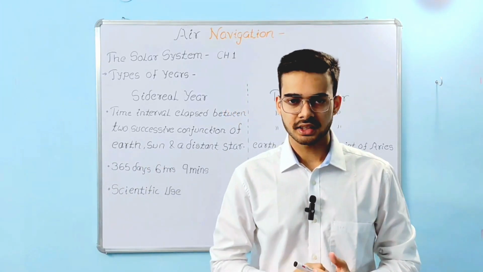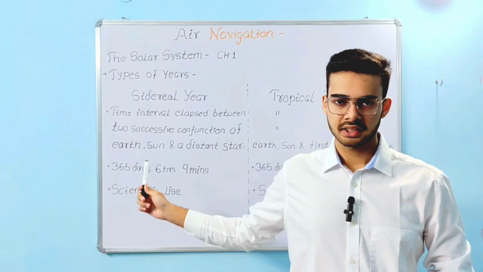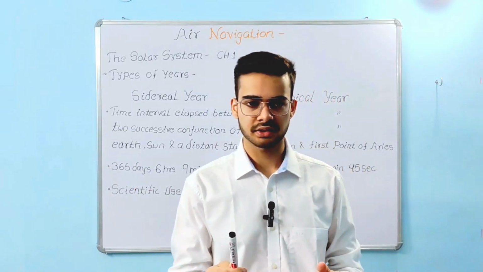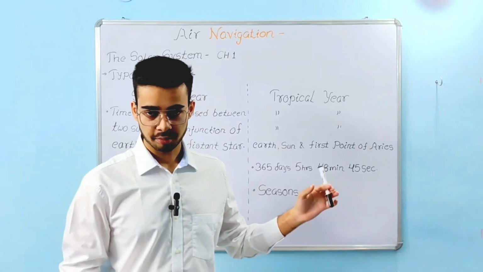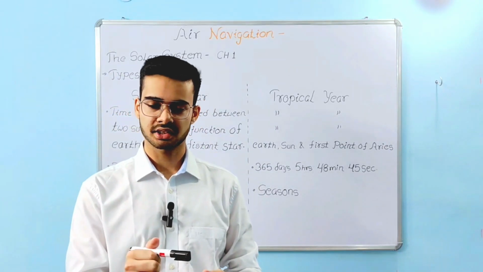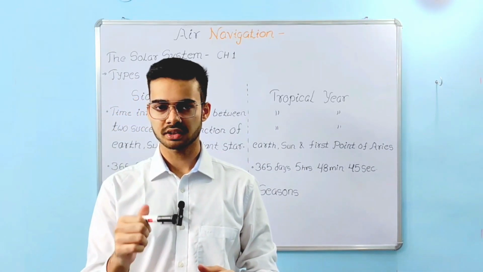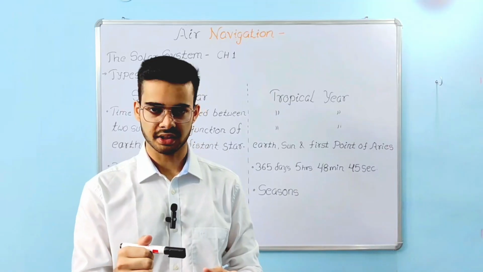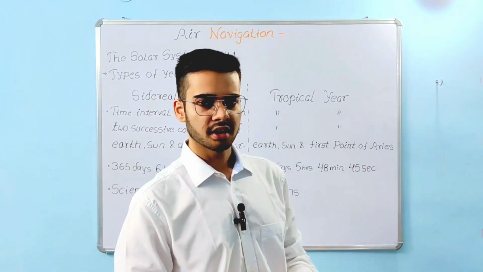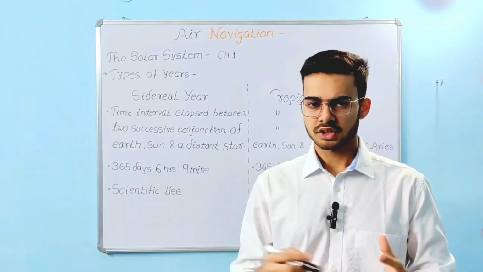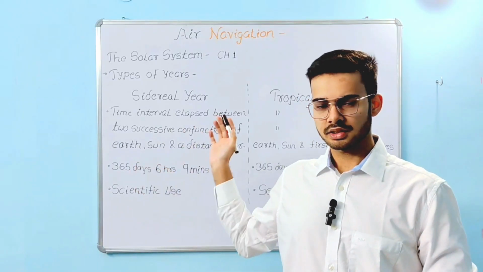Also, a few facts that you should remember. The sidereal year's duration is 365 days, 6 hours, and 9 minutes, whereas the tropical year's duration is 365 days, 5 hours, 48 minutes, 45 seconds. It's accurate, good to know. And that's mostly about the sidereal and tropical years.